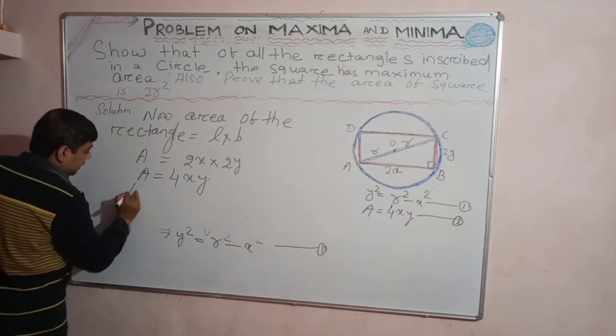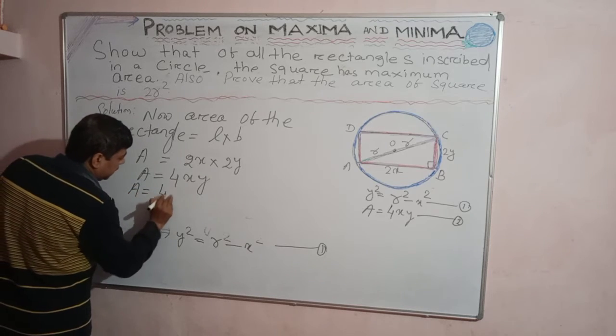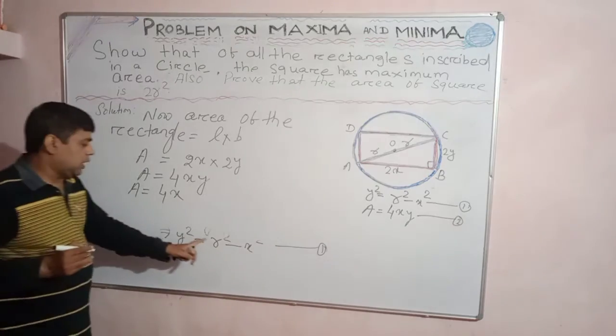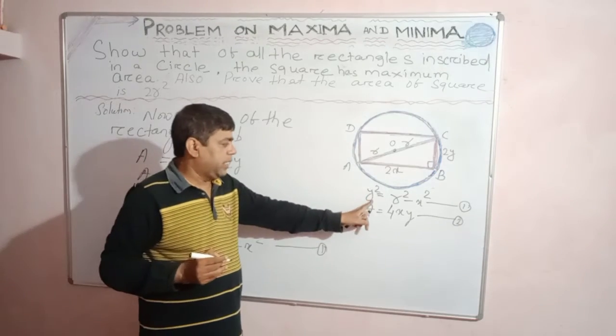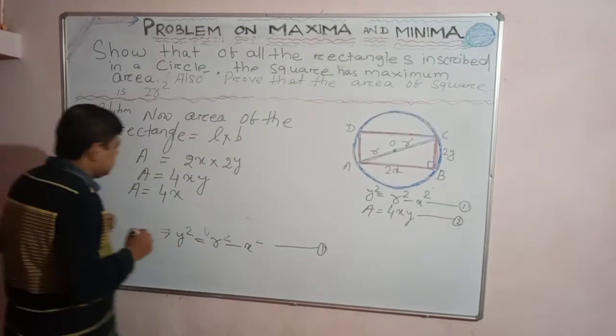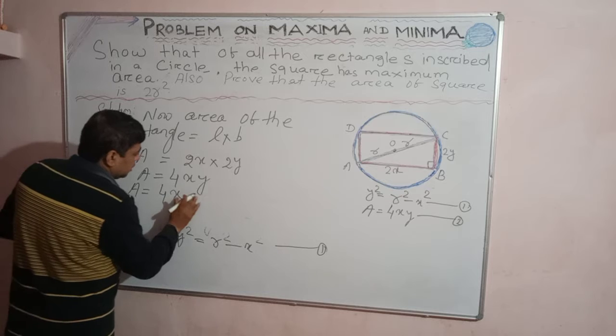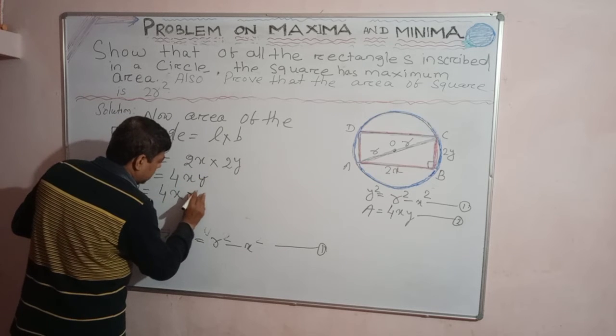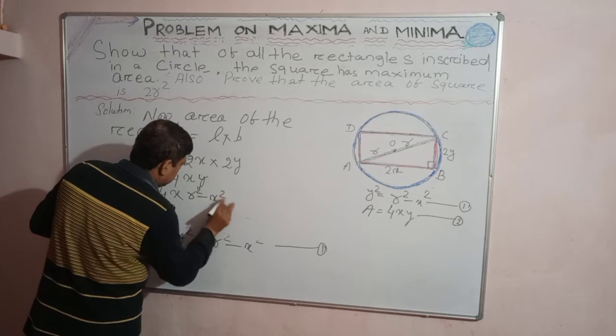Now area is equal to 4xy. Now what is the value of y? You see y square is equal to r square minus x square. So the value of y will be the square root of r square minus x square.